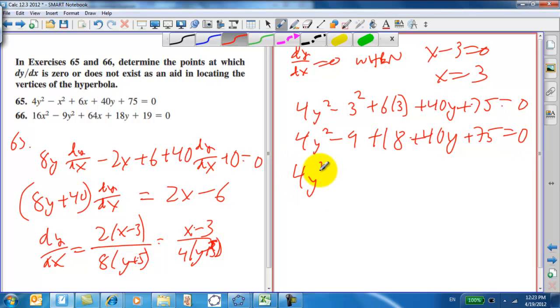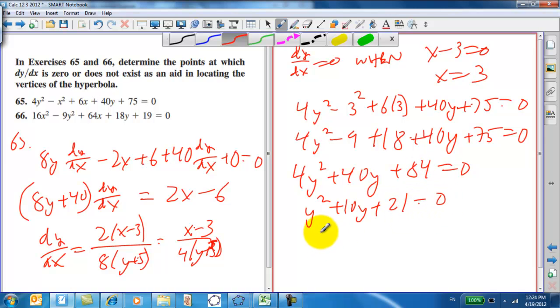Let's just keep the y terms: 4y² plus 40y, and 9 and 75 makes, I believe, 84. Divide through by 4: y² plus 10y plus 21. And I believe that's 7 and 3. So y equals -7 and y equals -3.